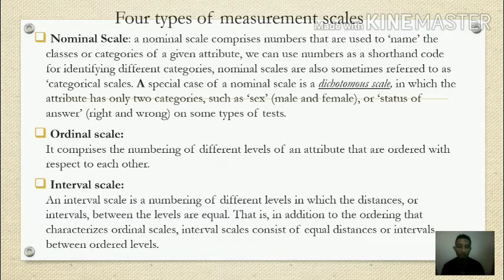suatu data sebelumnya. Nah, jadi pada dasarnya skala interval adalah penomoran tingkat berbeda di mana jarak atau interval tadi yang antara satu tingkat dengan tingkat yang lain adalah sama, walaupun ada sedikit selisih. Artinya, selain urutan jadi ciri skala ordinal ini, skala interval terdiri dari jarak atau interval yang sama antar tingkat yang diurutkan.